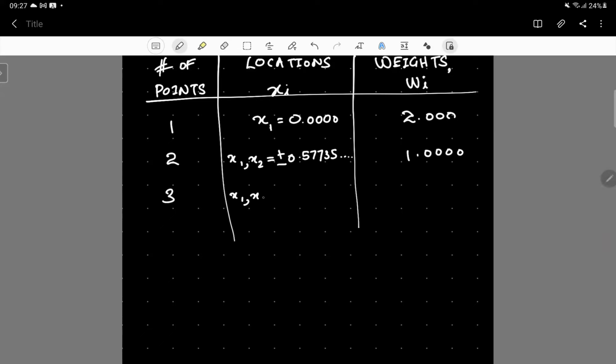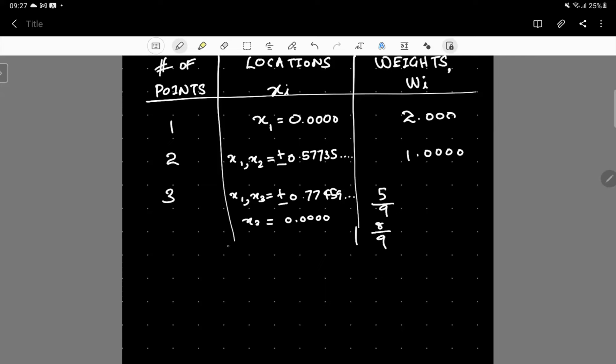The x1 and x3 correspond to plus or minus 0.77459, and x2 should be evaluated at the midpoint, the very center, and the corresponding weight factors for x1 and x3 should be equal to 5 divided by 9, and for x2 should be 8 by 9.